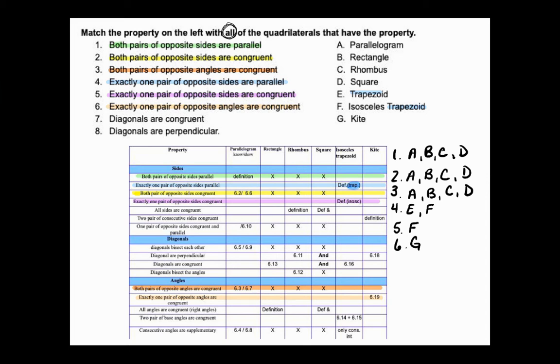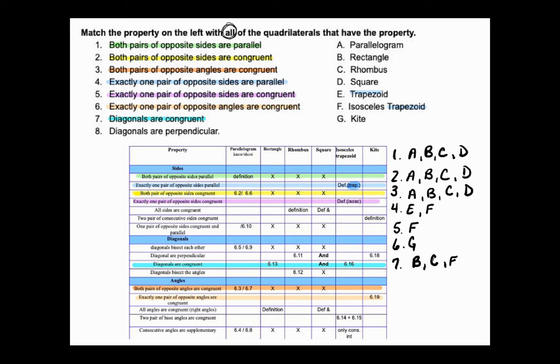The next property that we have is that the diagonals are congruent. So we find diagonals are congruent, and we see that this property has been identified for the rectangle, the square, and the isosceles trapezoid.